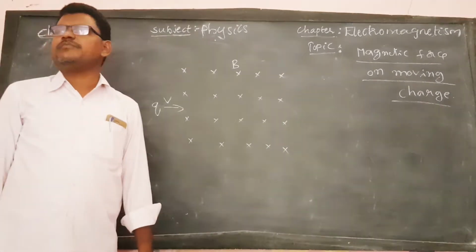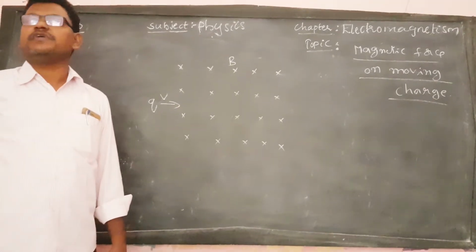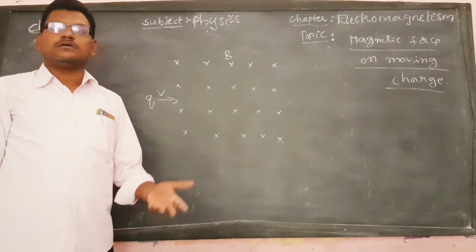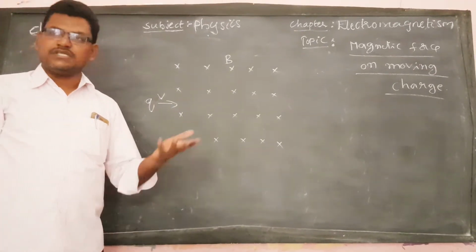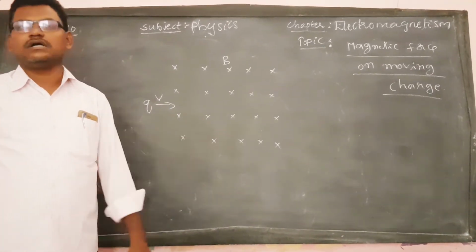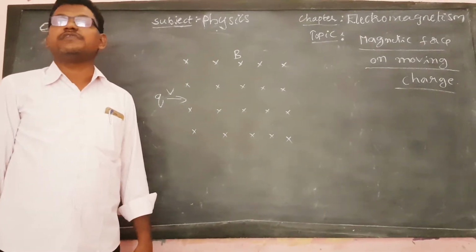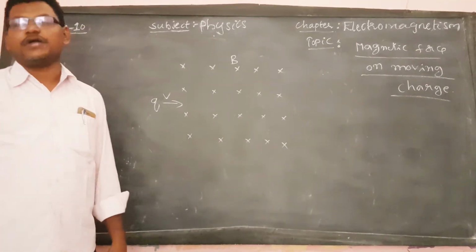Whereas a non-uniform magnetic field means where either the strength or the direction of the magnetic field changes from point to point.